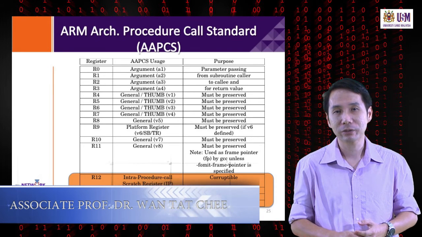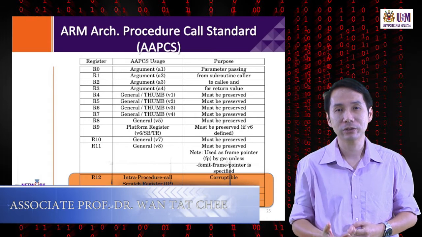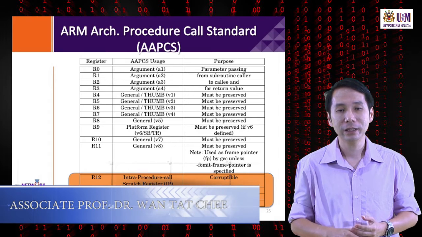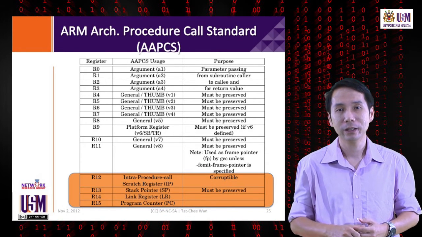R14 is known as a link register, which is used for subroutine calls, and it stores the return address so that we can return execution to the calling routine. Finally, R15 is the program counter, and this must not be modified unnecessarily because it will affect the execution of the routine or program logic.